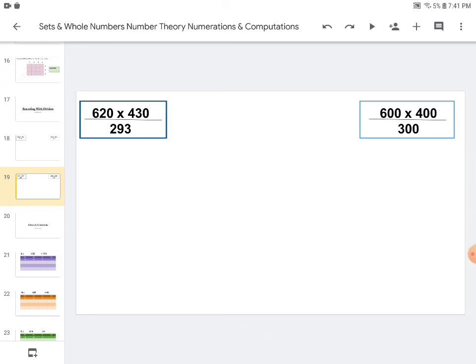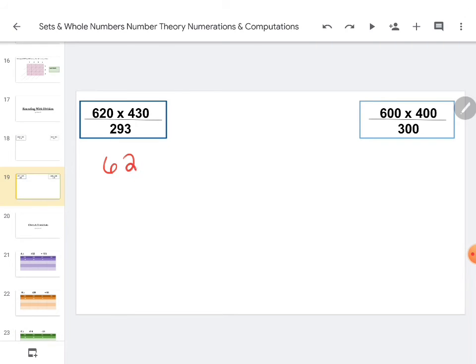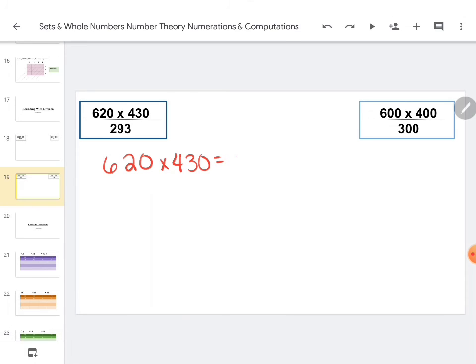As far as this problem goes, I actually just did 620. Whoops, I don't have my screen on right. That may be beneficial. We have 620 times 430, which is going to be 266,600.